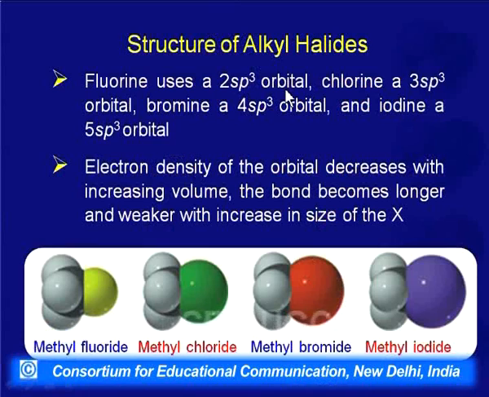As a result, fluorine uses a 2sp3 orbital of the second shell for covalent bonding to the carbon. Chlorine gets attached through a 3sp3 hybridized orbital, bromine through a 4sp3 hybridized orbital, whereas iodine gets attached through a 5sp3 hybridized orbital belonging, of course, to the fifth shell.